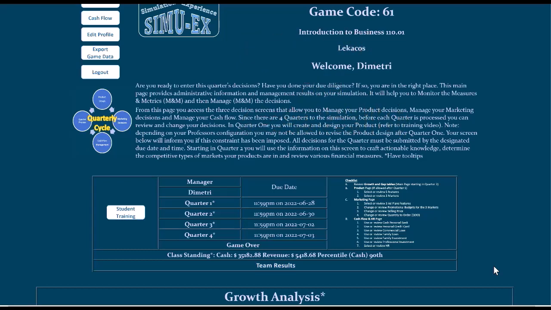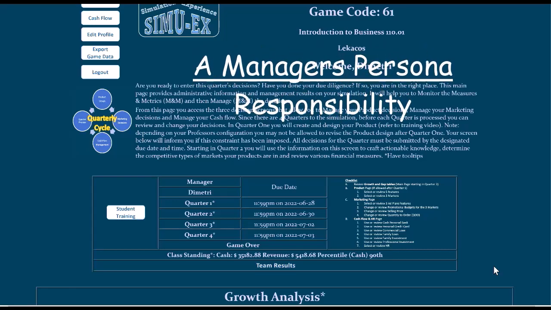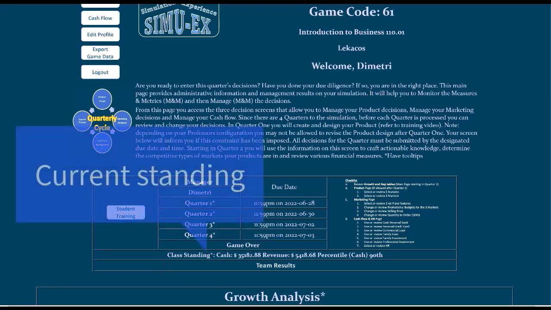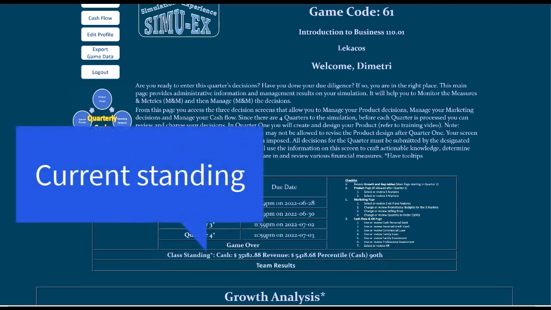This is very typical of management. You are responsible, and you are then held accountable for the results. So first and foremost, understand the due dates of each and every one of the quarters and plan accordingly.